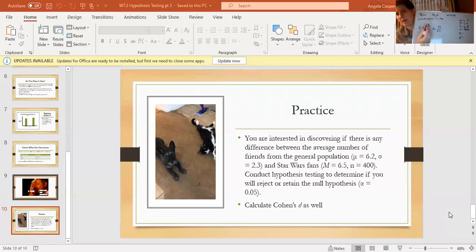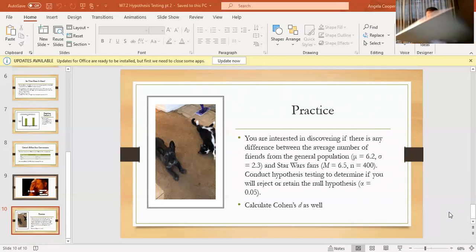I've started writing out the null and alternative hypotheses, but we haven't quite gotten there yet. I have the critical value still at plus minus 1.96, and I have written out the information that we have so far: population mean 6.2, population standard deviation 2.3, sample mean 6.5, and sample size of 400.